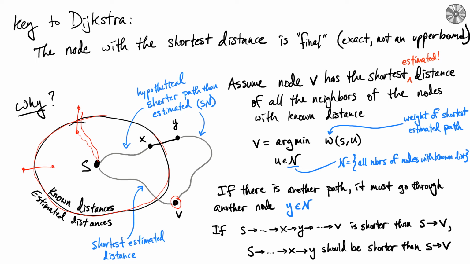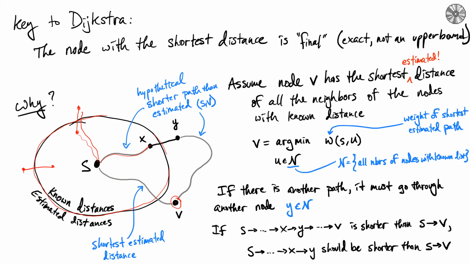And so if it wasn't actually the shortest path from S to V, then that means there had to have been some other path. And that some other path would have to have some portion that would be inside the known distance part of the network, and then it would have some part that is out.